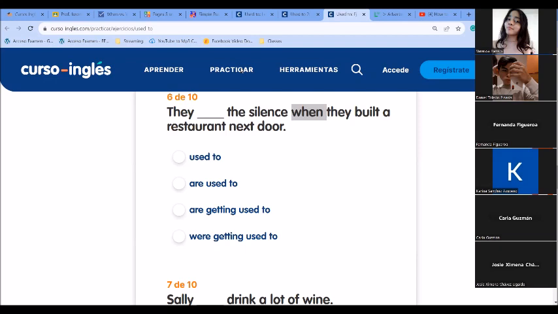All right, so the clue here is something was happening when it was interrupted. So not the present. Are used to is the present. For this one, we would use were. Ellos estaban acostumbrándose al silencio. Quizás viven en el bosque, pero eso cambió cuando construyeron un restaurante al lado de su casa. Right? This is an expression of a change in the past.